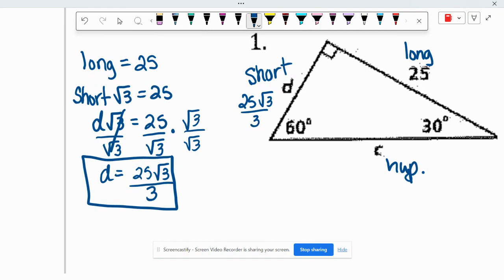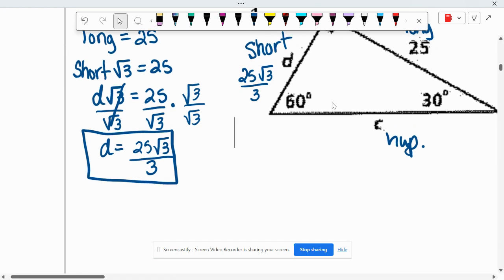You guys see why you can't use the Pythagorean theorem here? You're only given one measure. You have to know the rule for special right triangles. What about if I want to find the hypotenuse? Can I find the hypotenuse of a 30, 60, 90 if I know the measure of the short leg? What do I do to it? I take the short leg and multiply it by 2.